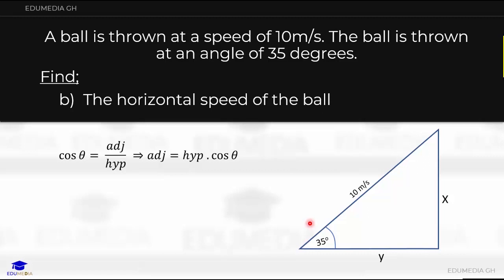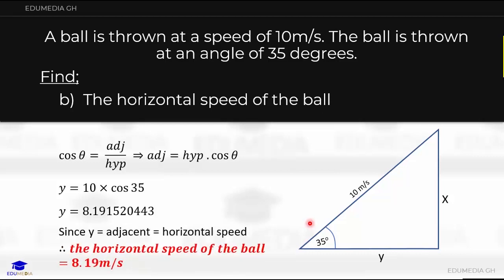Now we have all the variables here. We can go ahead and substitute them. Substituting them will give us y equals 10, which is the hypotenuse, times cos theta. The theta is 35. So 10 times cos theta will give us 8.191520443.